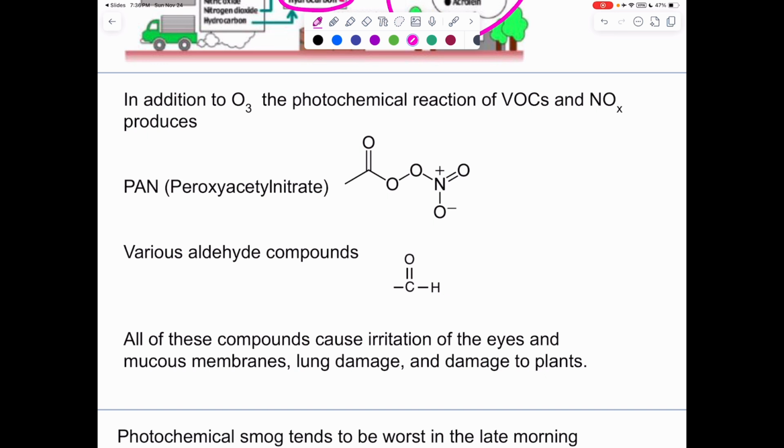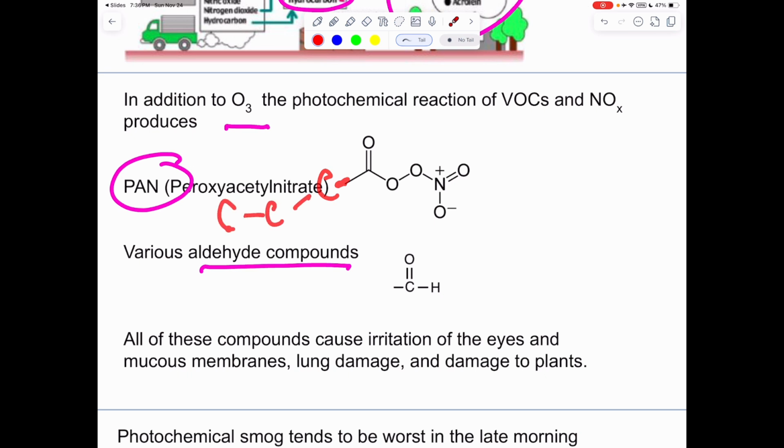In addition to just the ground level ozone being produced from the reaction of VOCs and nitrogen oxides, we're also going to get PANs and aldehyde compounds. If you imagine this molecule here, we're going to attach it to another carbon here, and that could attach to another carbon and so on.